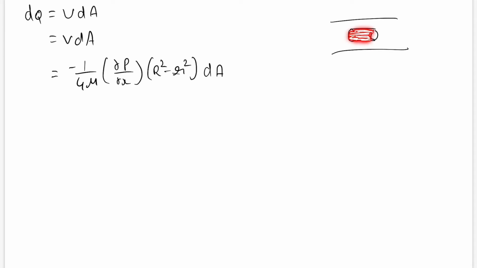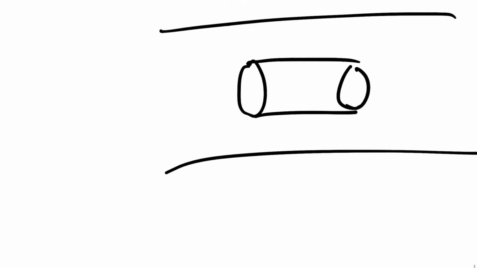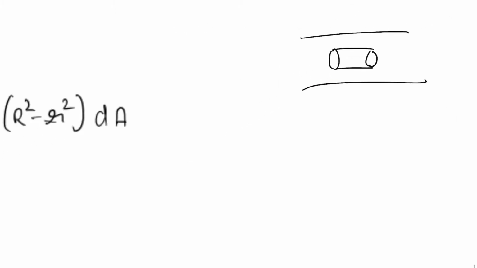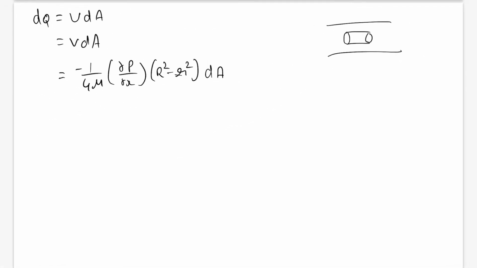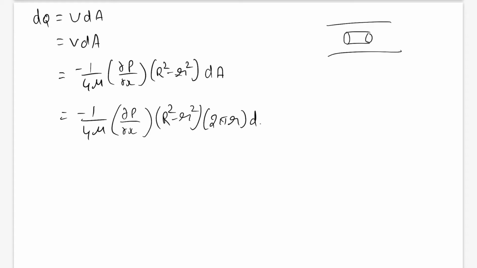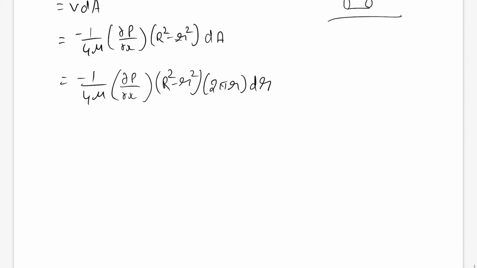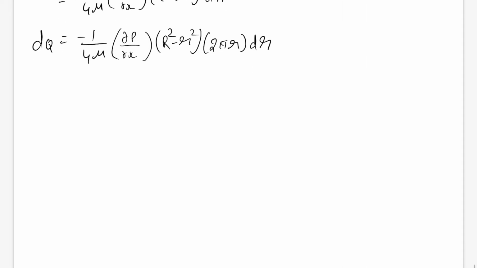Flow is going like this, which means it engulfs the whole circumference of the elemental cylinder. So the area is circumference into length of the elemental cylinder. So what will come? Minus 1 by 4 mu into dou p by dou x into capital R square minus small r square into 2 pi r dr. This is dq.